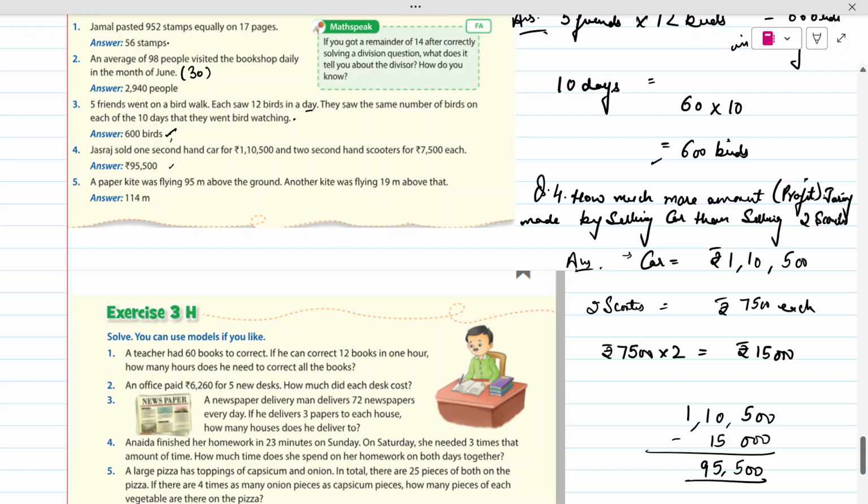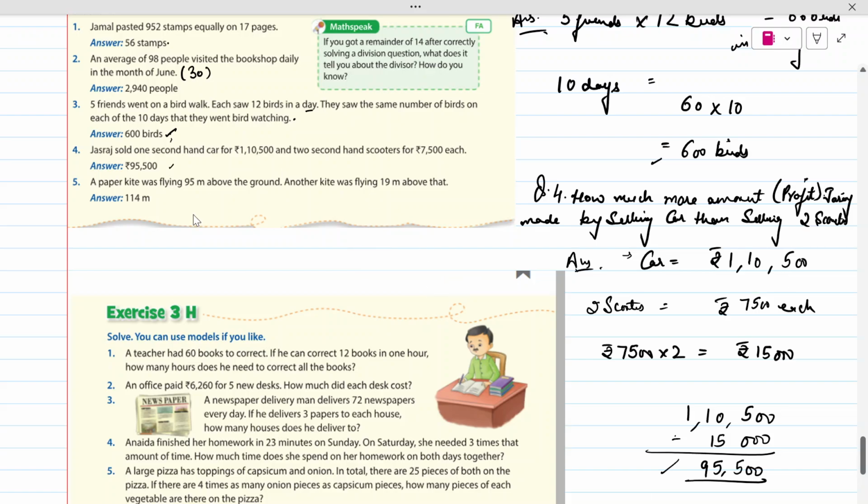Okay, so we have the total cost of these two, and we have subtracted to find out the difference. So this is the amount given to us. This is the profit, or the difference he has made by selling the car than selling two scooters.